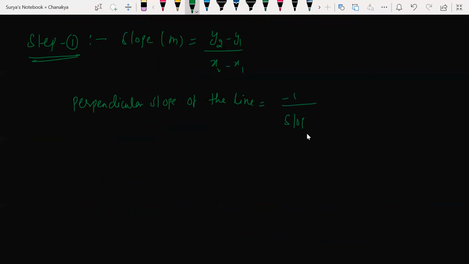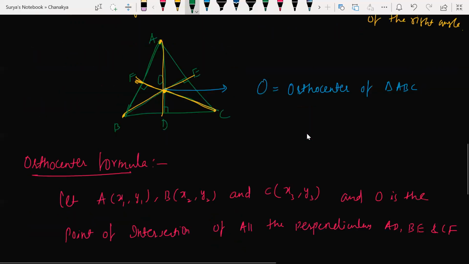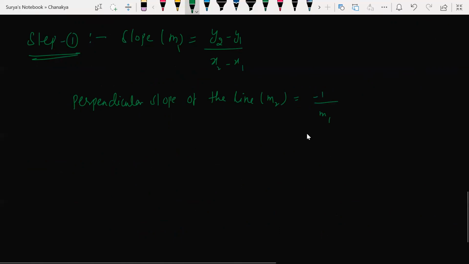Let me denote this as M2, which is equal to minus 1 by M1, where this is M1. Getting my point? We should find the first slope and then take minus 1 by it.